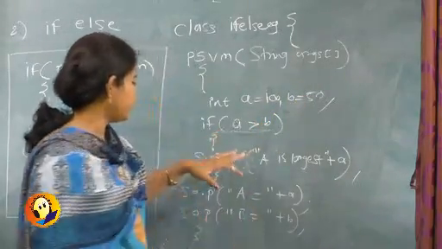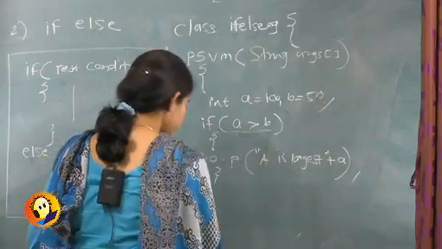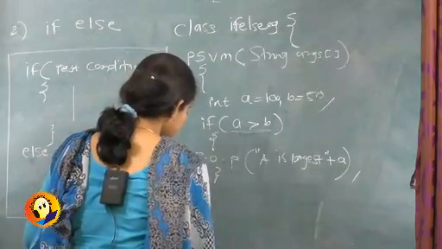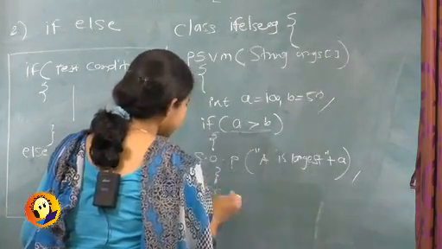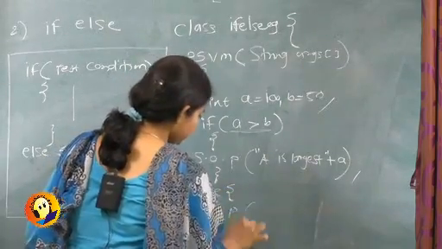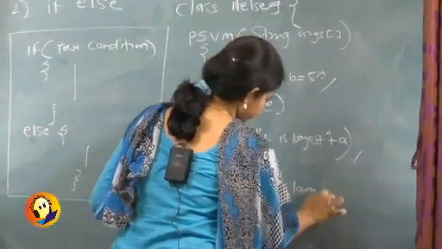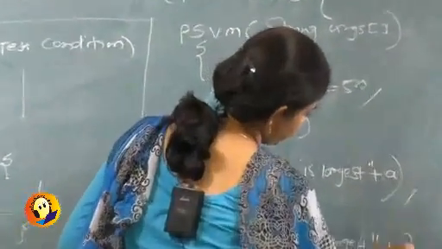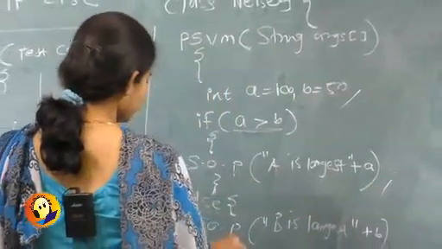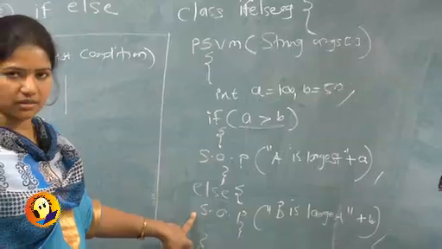If a is greater than b, System.out.println "a is largest number", else you need to provide the else block, else System.out.println "b is largest number", and you need to print the value of b. So this is a simple example of an if else statement.